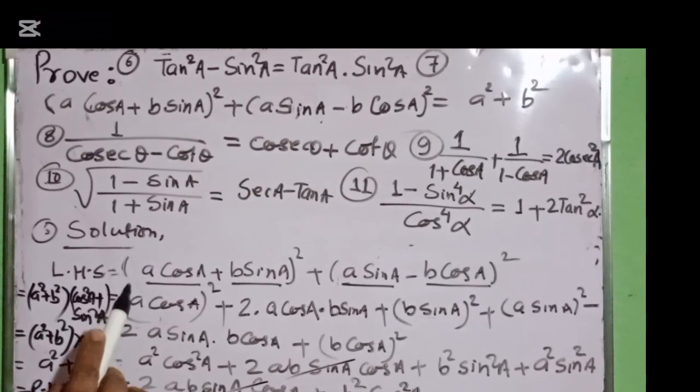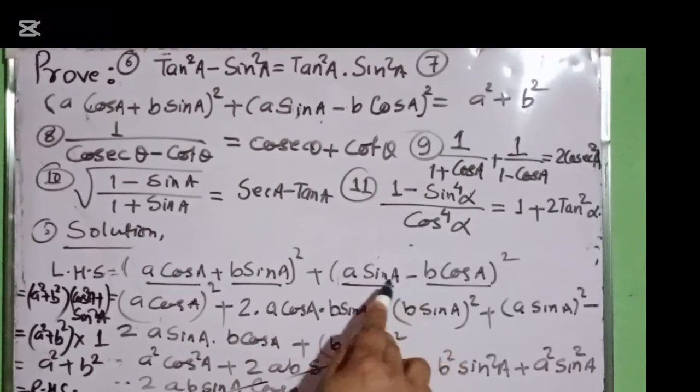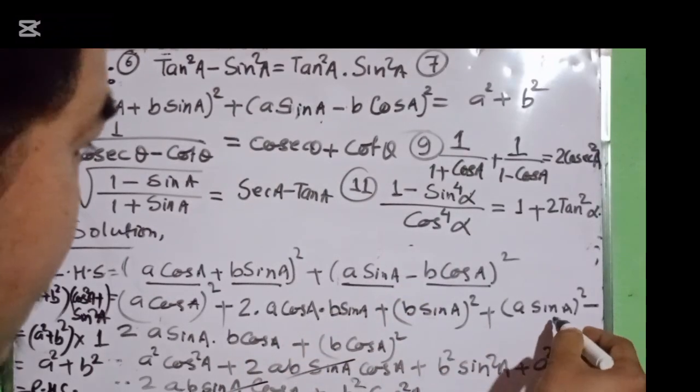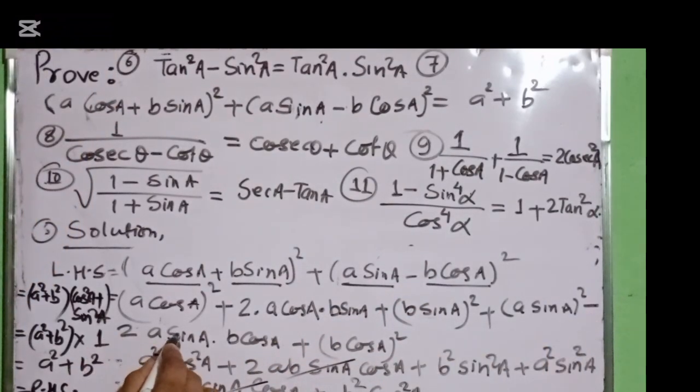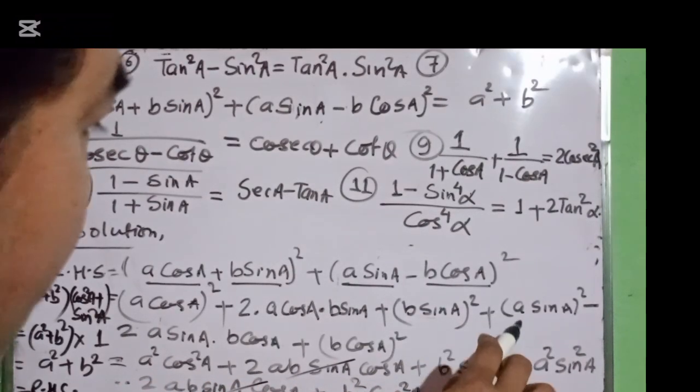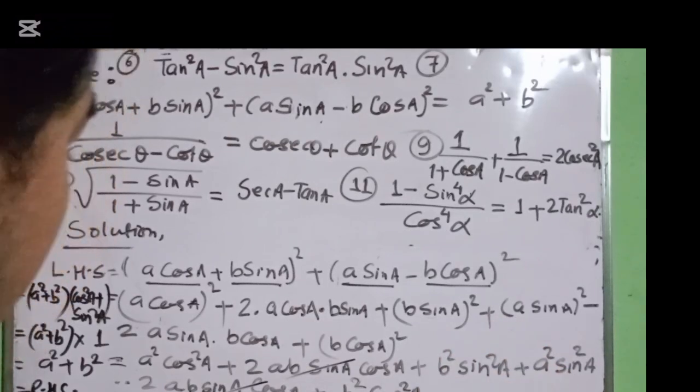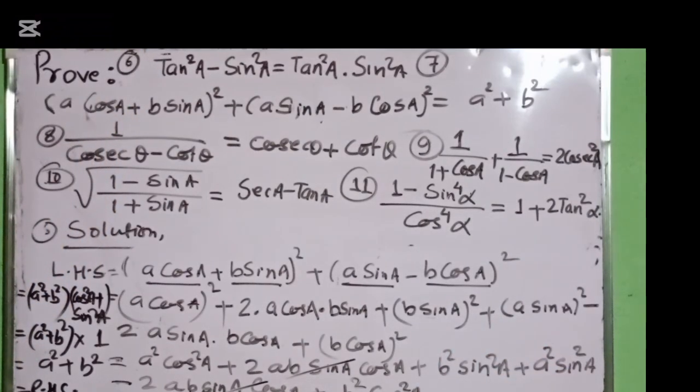We have to open the a plus b whole square formula, a square plus 2ab plus b square. Similarly a minus b whole square is a square minus 2ab plus b square. Then we open this one: a square cos square a plus 2ab sin a cos a plus b square sin square a, plus a square sin square a minus 2ab sin a cos a plus b square cos square a.